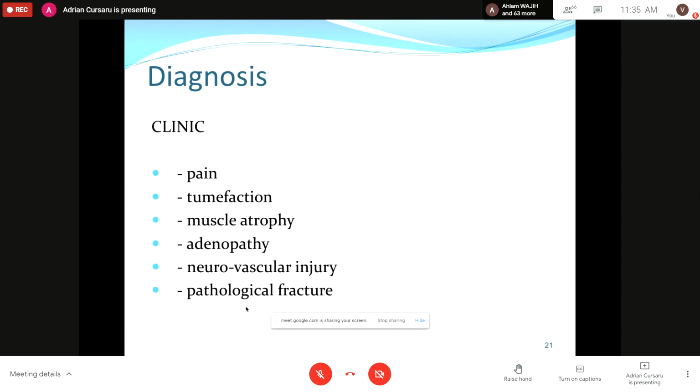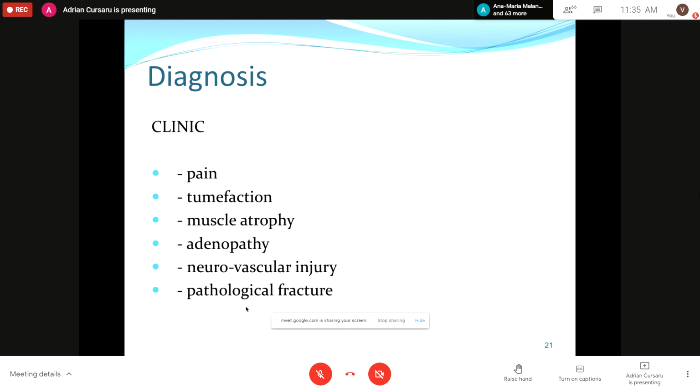We have muscle atrophy because of the pain. Adenopathy is not the most frequent in bone tumors. Why? Because we don't have that type of circulation for the bone, okay? And in most cases, we don't have adenopathy.